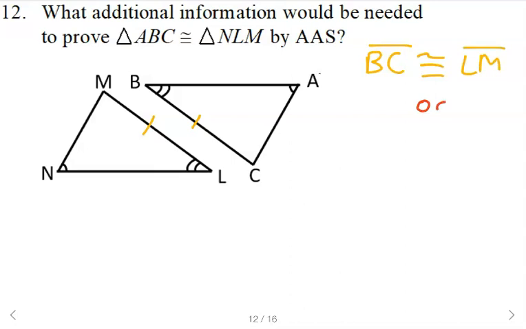Or an alternate answer, the third side could come from NM being congruent to AC. So you just have to list one of those answers for that third side.